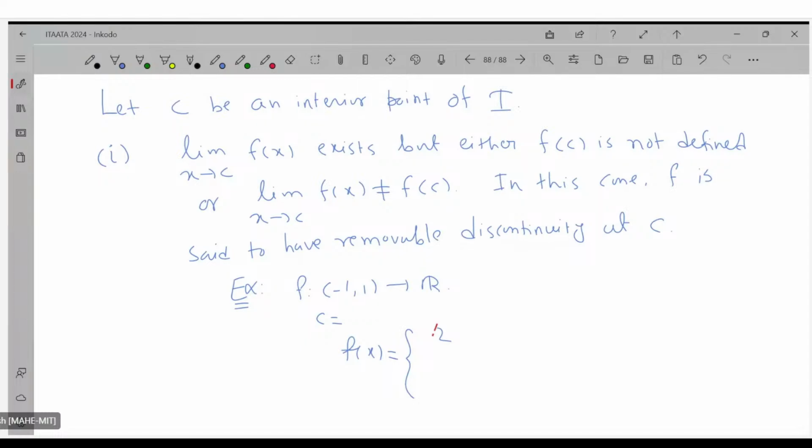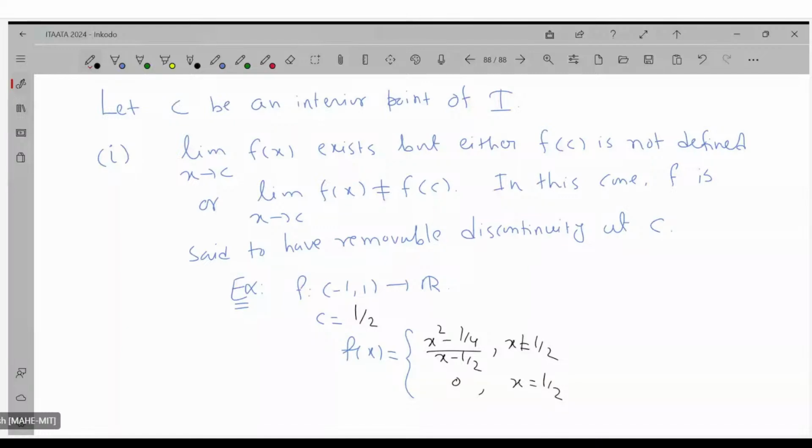So let's say 1 by 2. Then you have f(x) is x square minus 1 by 4 by x minus 1 by 2 if x is not equal to half, and 0 when x equals half.